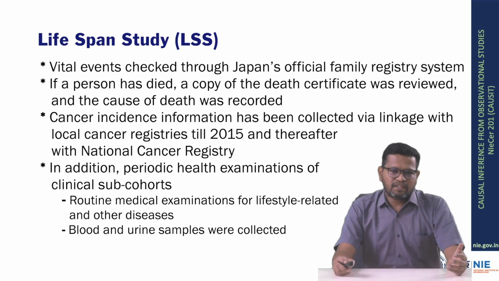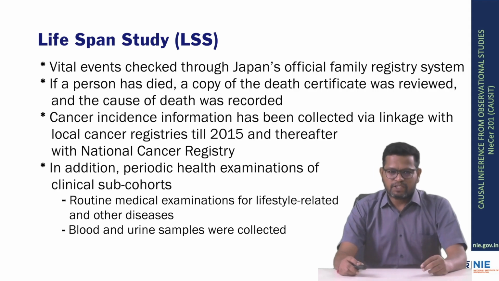The third study, called the Life Span Study, was conducted in Hiroshima and Nagasaki to investigate the long-term effects of atomic radiation among atomic bomb survivors. The study accessed the official family registration system in Japan to document vital events. For individuals who have passed away, their death certificates were examined and the cause of death was noted.